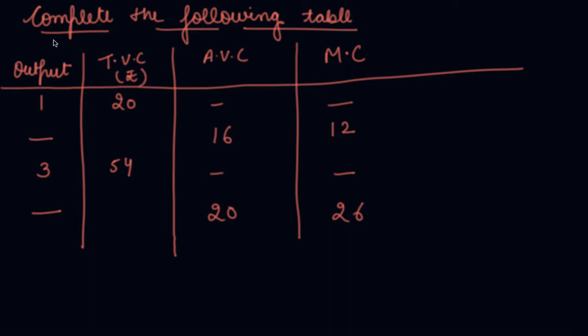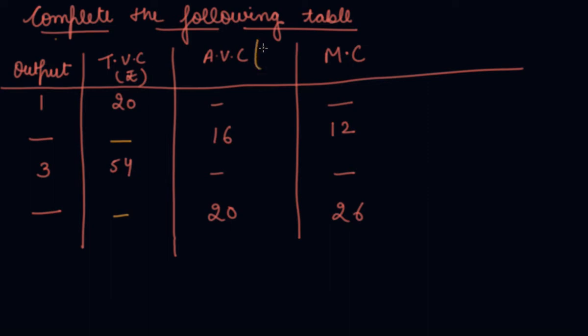Now this is the other question we have: complete the following table. See, output is given to you, your total variable cost is given, and these hyphens that I have made, you have to complete from it. Now see, your total variable cost is given, your output is given.